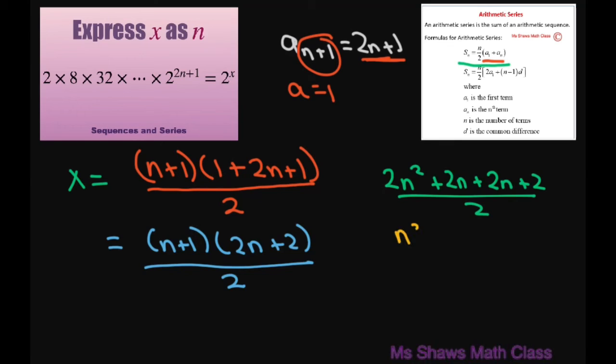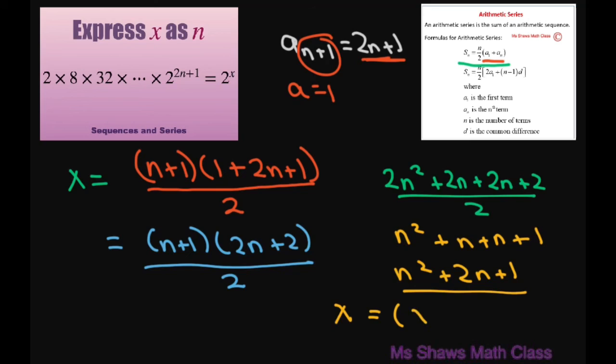So you can get n squared plus n plus 1. So this gives you n squared plus 2n plus 1. So your x actually equals, if you simplify this, n plus 1 squared. Or you can write it this way as well, x.